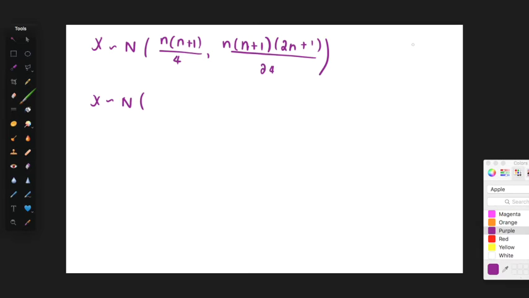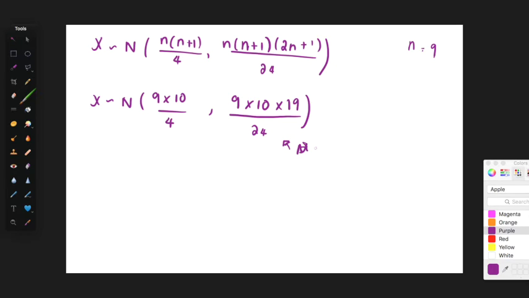So remember, n was 9. So we have n is 9, so it's going to be 9 times 10 divided by 4. And we're going to have 9 times 10 times 2n, which is 18, plus 1 is 19, divided by 24. And this will correspond to the sigma squared.